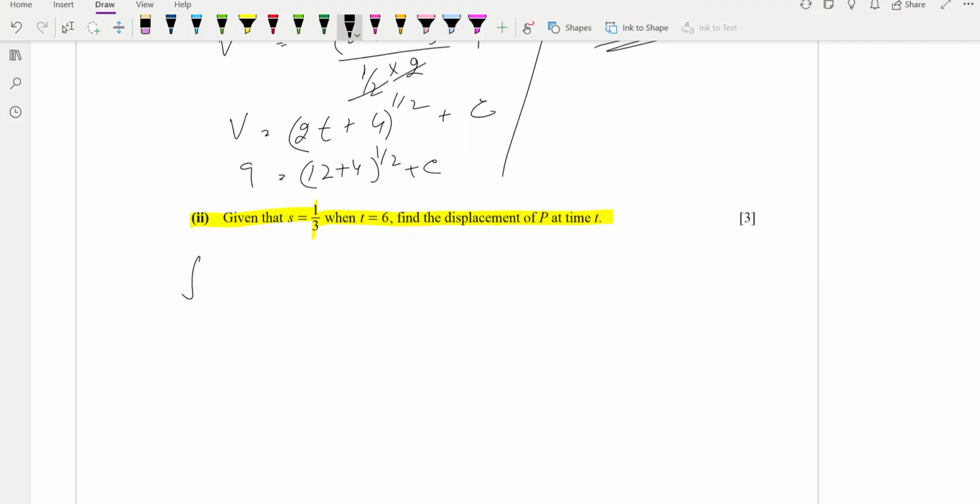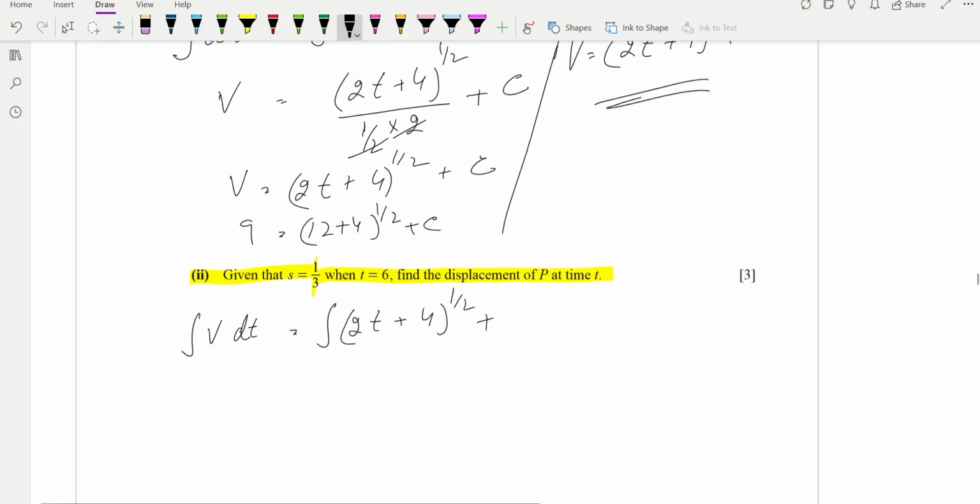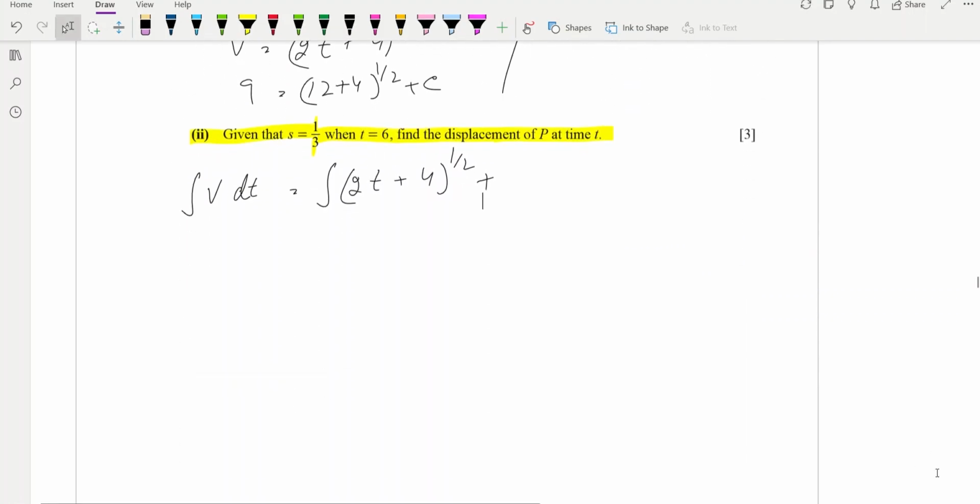So the integral of velocity dt will be the integral of 2t plus 4 raised to the power 1 by 2 plus 5, which is the c value we found, and this side will be the displacement, which is equal to 1 by 3.